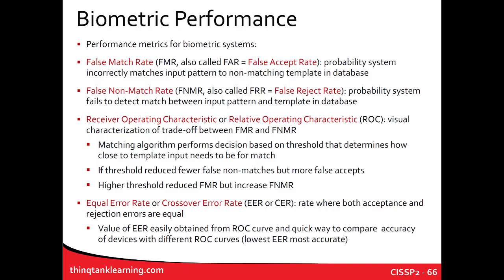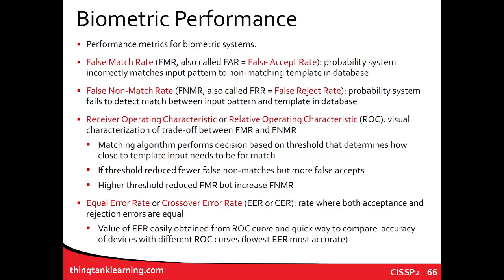That's much worse than false non-match rates or false reject rates. So you scan your face, but the system doesn't recognize you. What happens if we have a lower FNMR? That means better usability, but it could also reduce security.